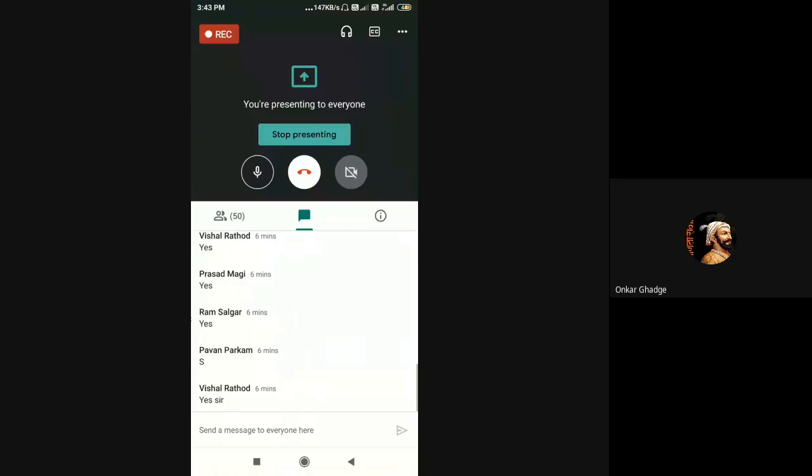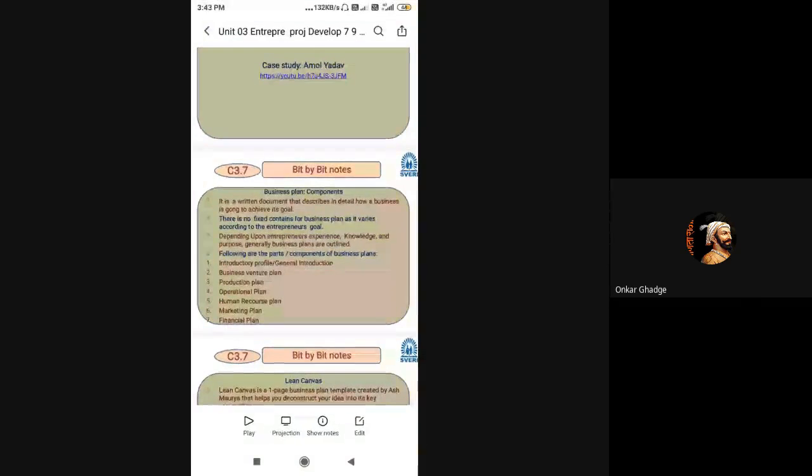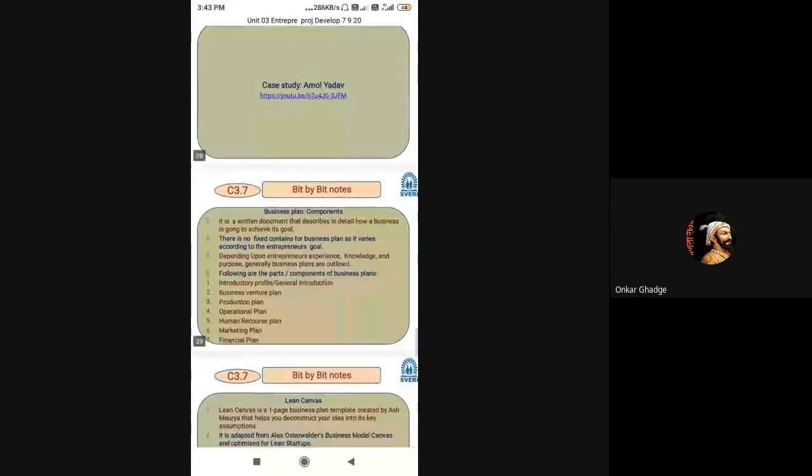Mobile screen. There is too much problem of electricity. Okay, screen is visible. Can you see my slides? Slides, I am asking. Screen is visible, I know. I have shared, but okay. So slides are also available. Let us see from mobile.